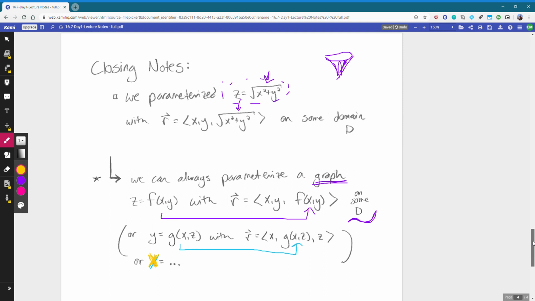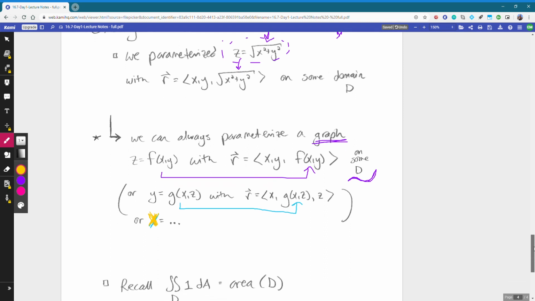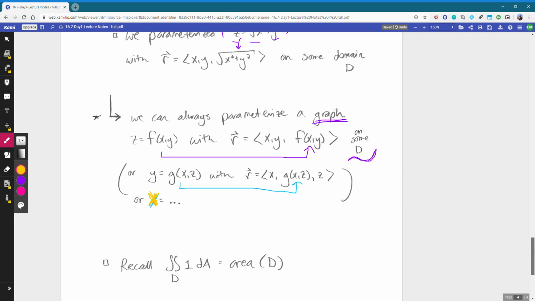Last note here. From our work with double integrals, we've seen that if we have some region in the plane and we puff it up by 1, and do a double integral of our constant function 1 over that region, that hands us the area of that region.